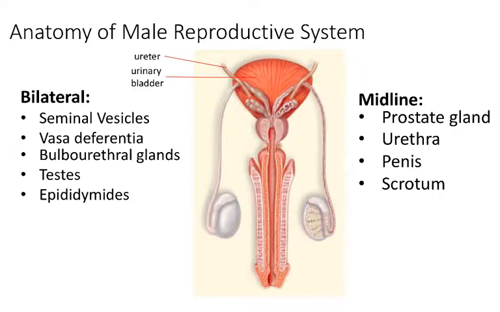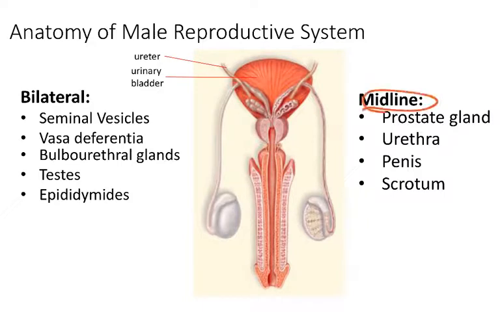So in this image, what we're looking at is a partial frontal section through the male reproductive system. As is the case with the female reproductive system, there are some structures that males have one of.